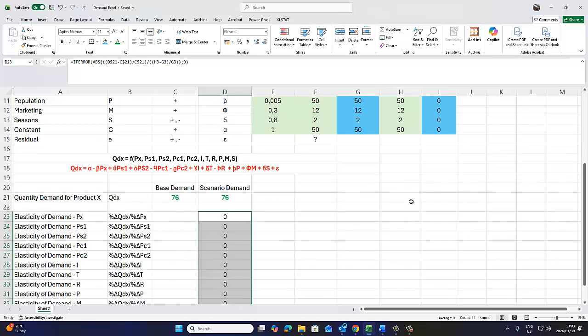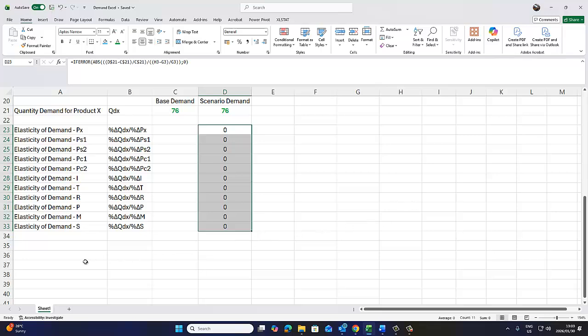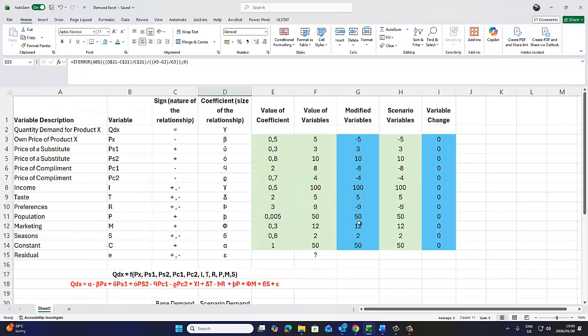So what else can we do? We can obviously from here generate a demand and supply equation, a demand and supply graph, or demand graph. And that's what we're going to do in our next video. So say, okay, given this, let's generate a demand equation for our base scenario, this one here, and then for our scenario.